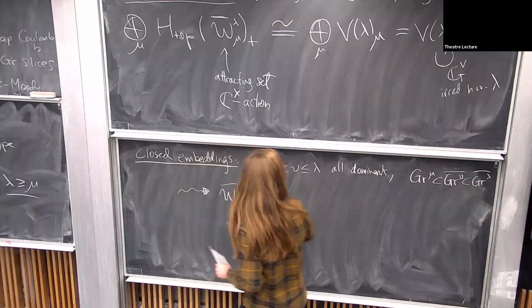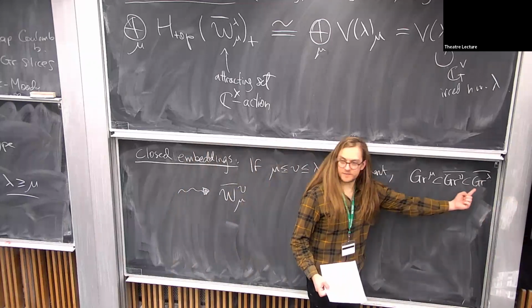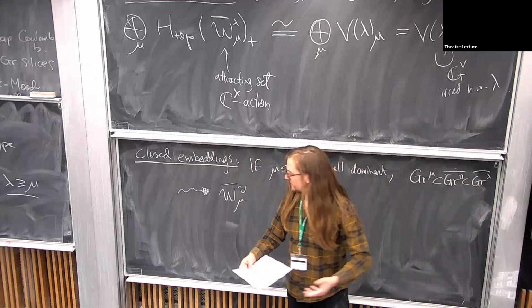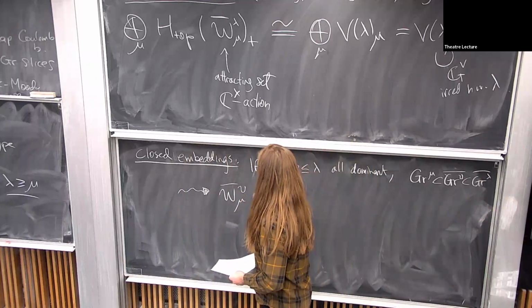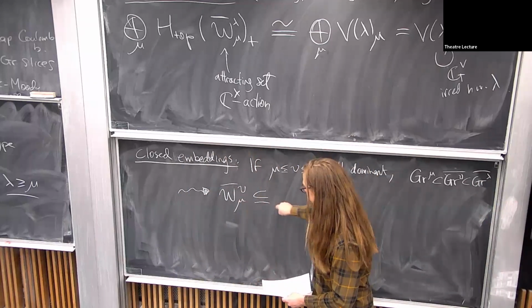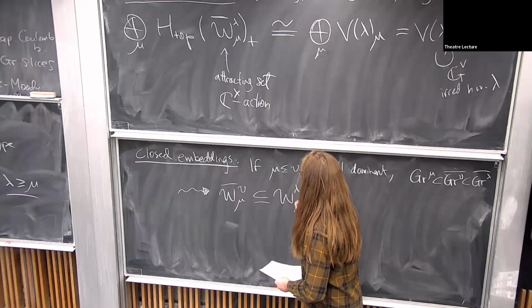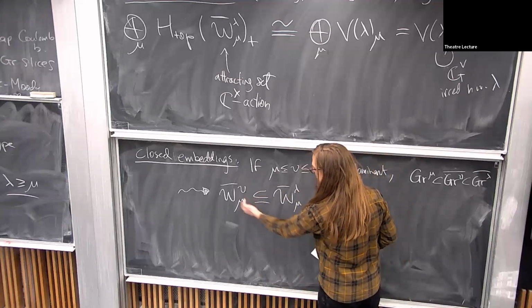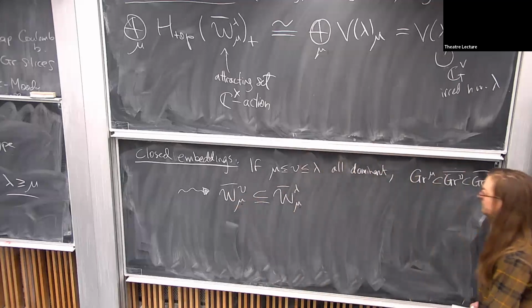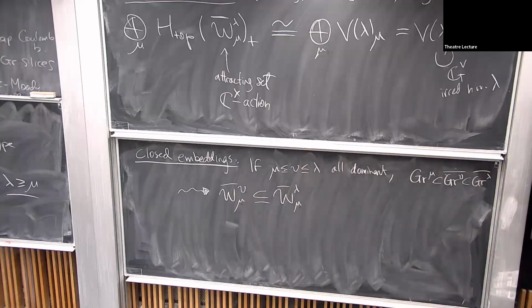The claim is that just as the Schubert varieties embed into each other, so do their transversal slices. And again, I didn't exactly recall the construction, but it's quite natural from that construction that you just have a subset like this. So the transverse slice between mu and nu will sit inside the one from mu to lambda, some sort of embeddings.